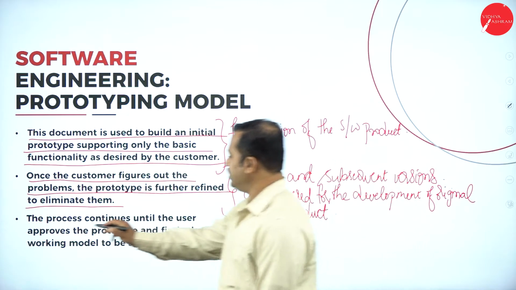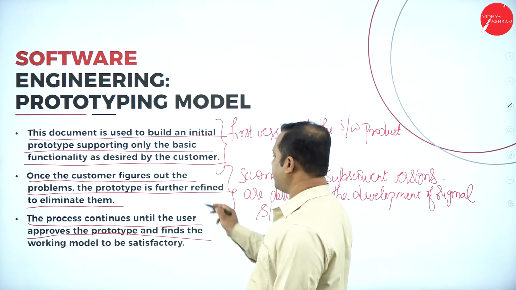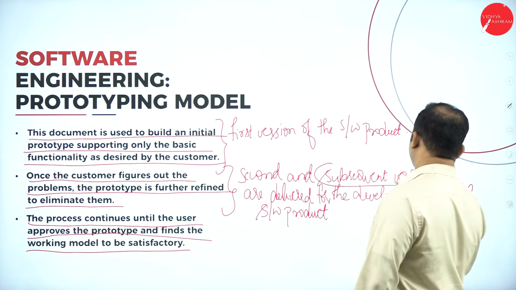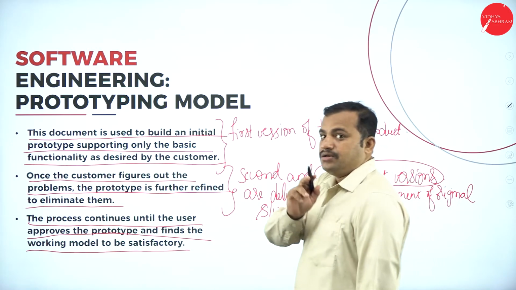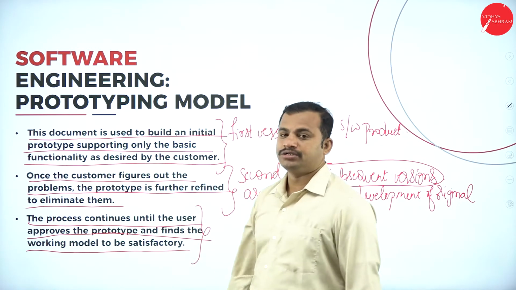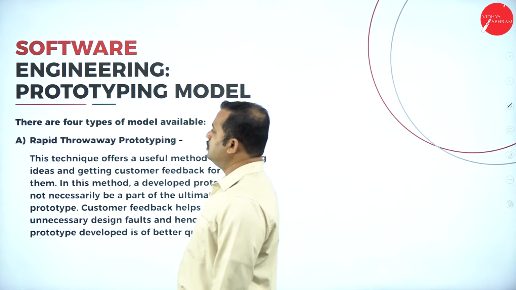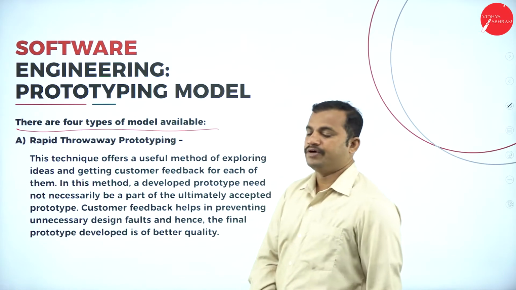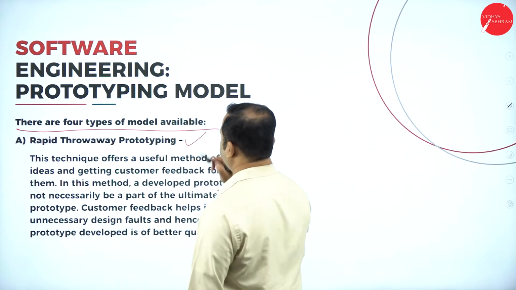This process continues until the user approves the prototype and finds the working model to be satisfactory. That is the subsequent versions, until the customer is satisfied with all of the requirements. So there are 4 types of prototype models available. The first type is throwaway prototyping.